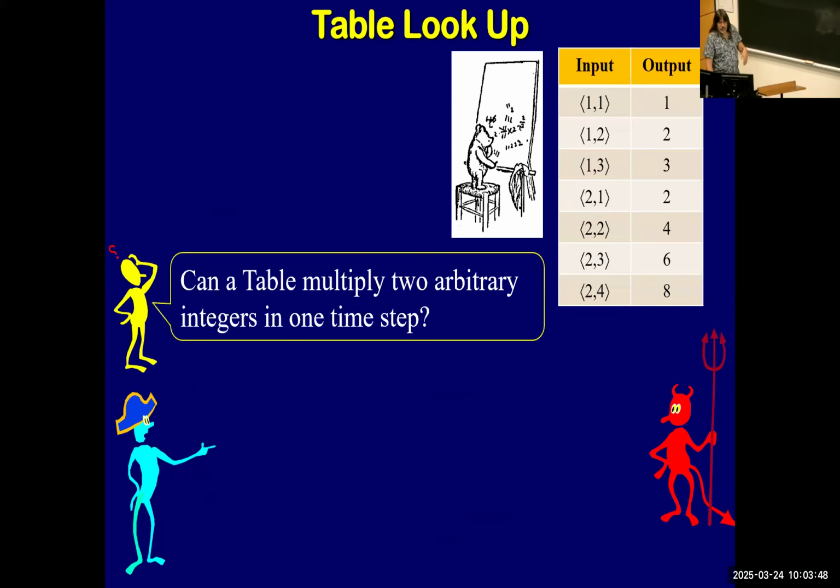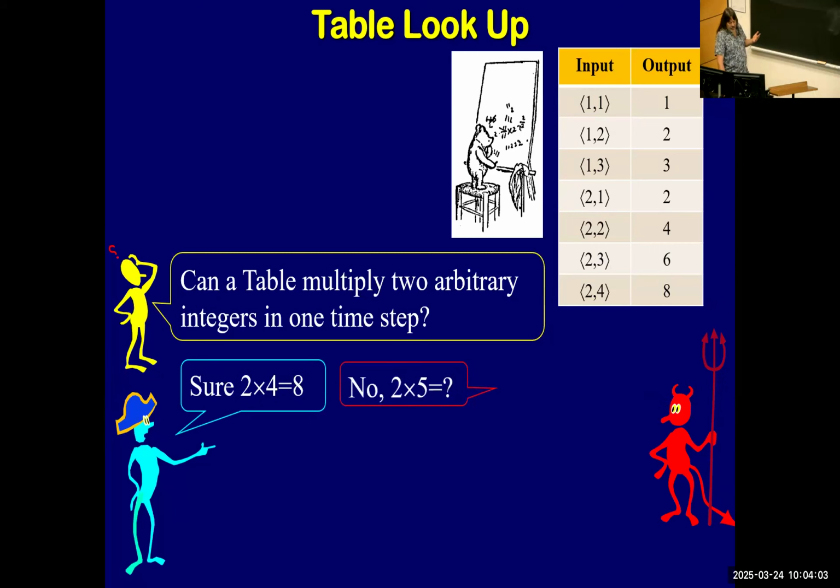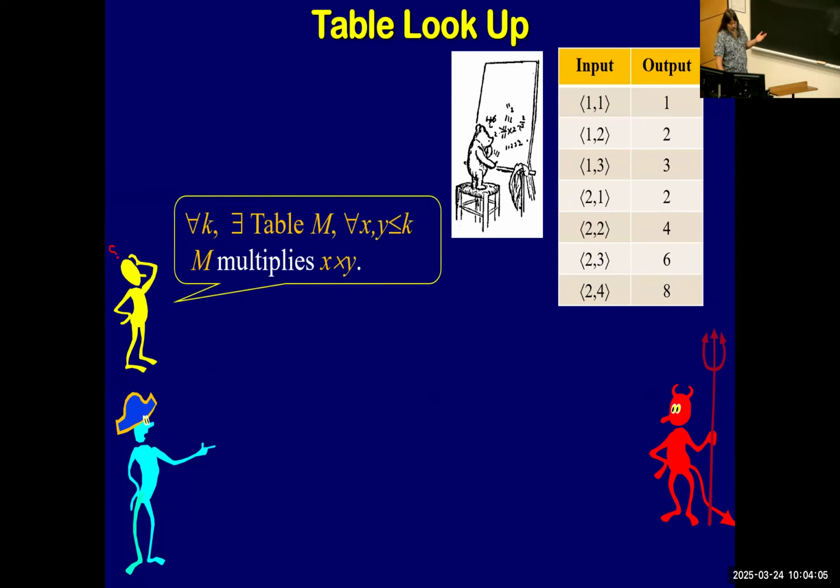Not this table, but is there a table that can multiply 2 inputs? No, that's what I said. Every description needs to be finite. So can it multiply these? No.